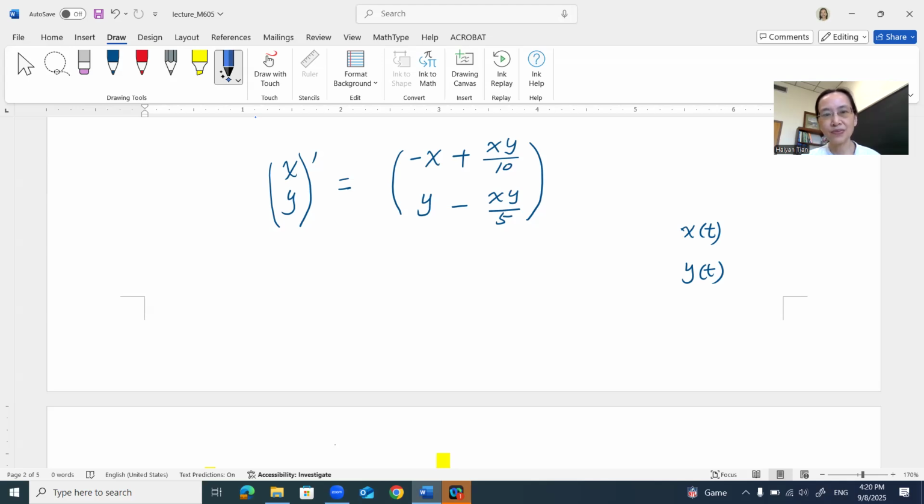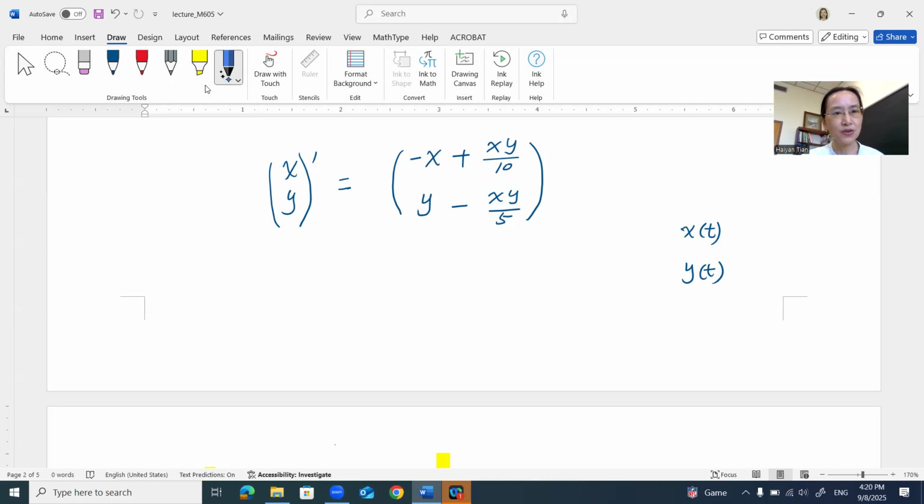So although on both sides of the equation system we don't see the parentheses T, it's only for the simple format, but you should keep in mind there is an independent variable T.